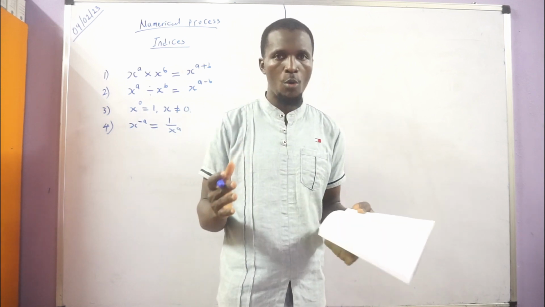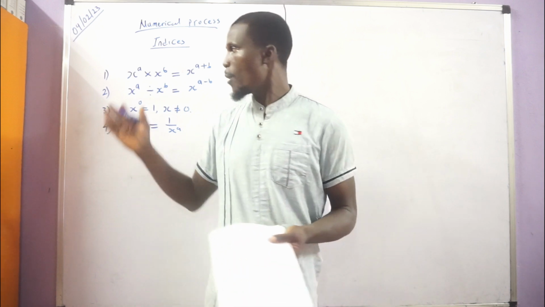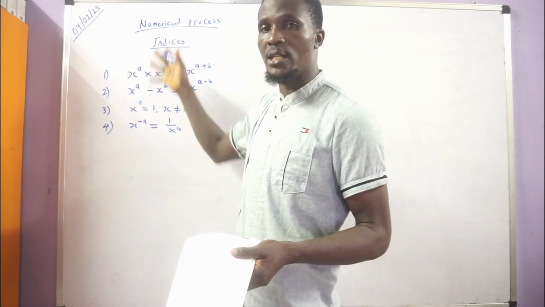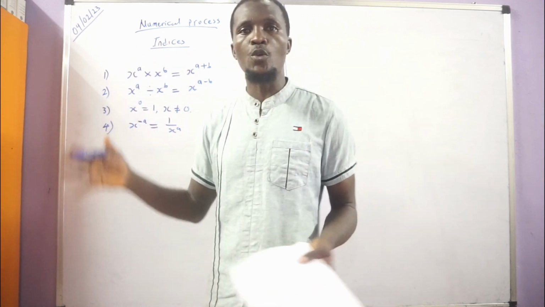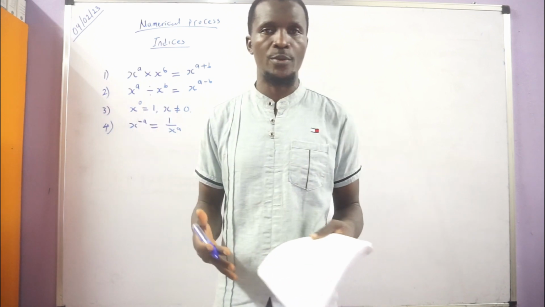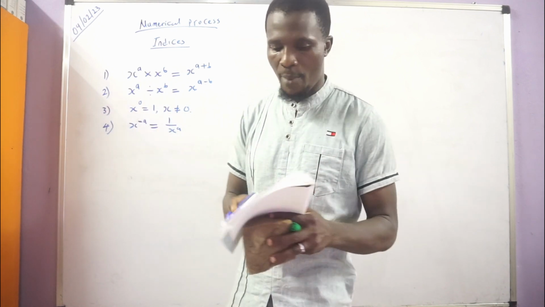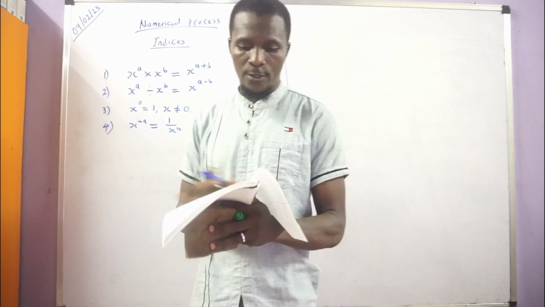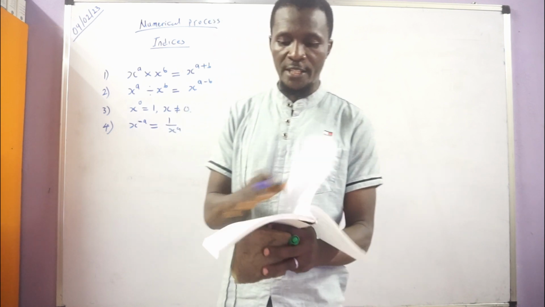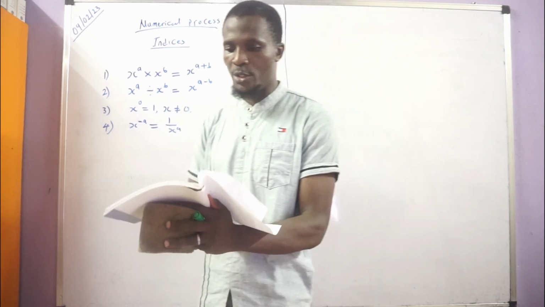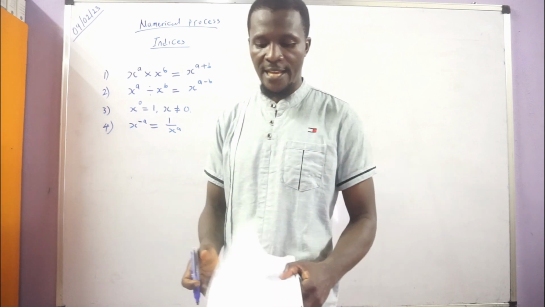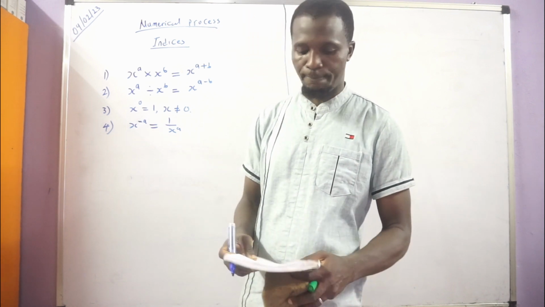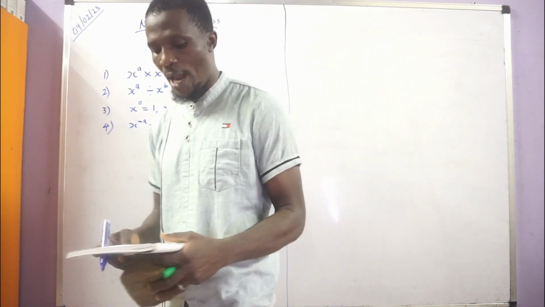If you open your book, you will see these rules, and you can use them to solve all the questions there. We have about 20 questions that we'll be solving under this Exercise 1A.